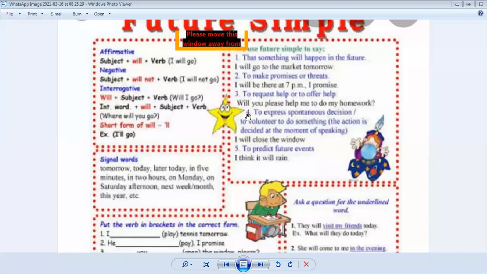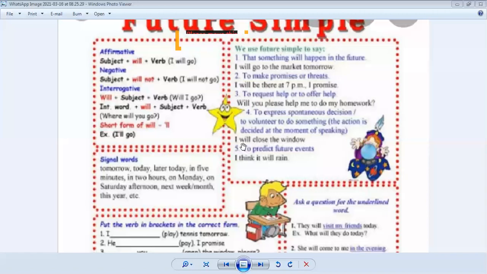Number 4 is to express a spontaneous decision, or to make a decision at the moment of speaking. The action is decided at the moment of speaking. This is what we call a quick decision. For example, it's very cold, so I will close the window.